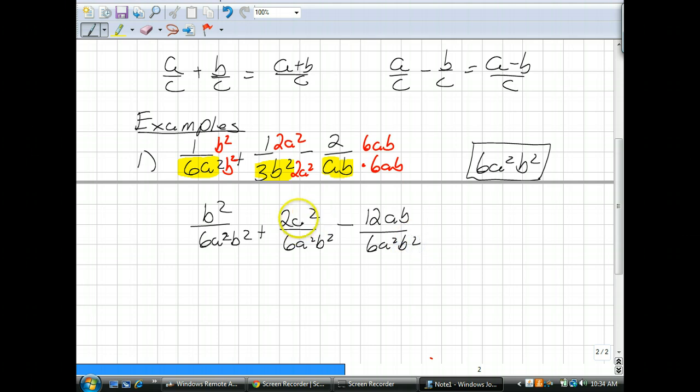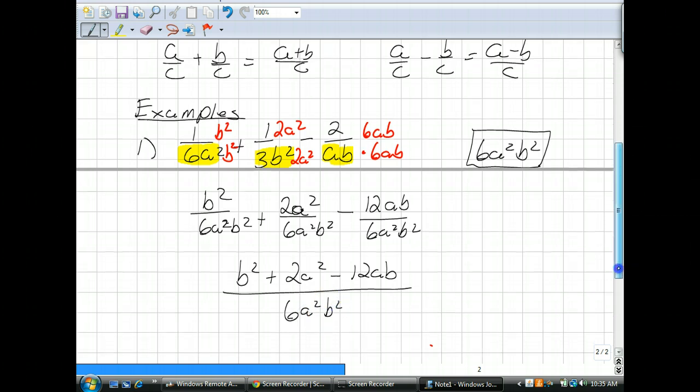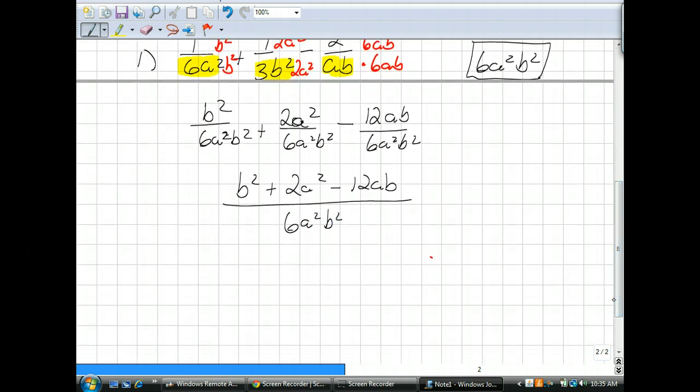Then the next step is to write it all over the same denominator. So I would have (b squared plus 2a squared minus 12ab) all over 6a squared b squared. And then we probably would rewrite that.